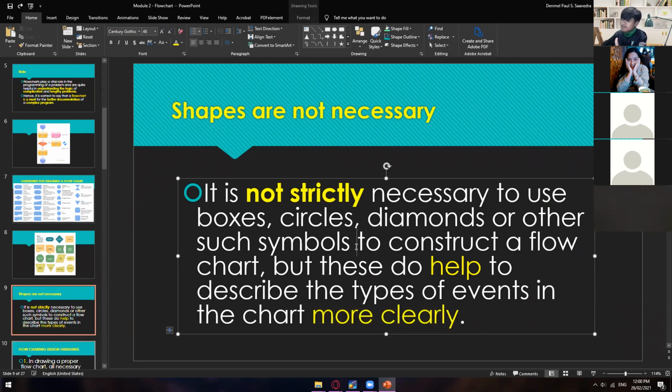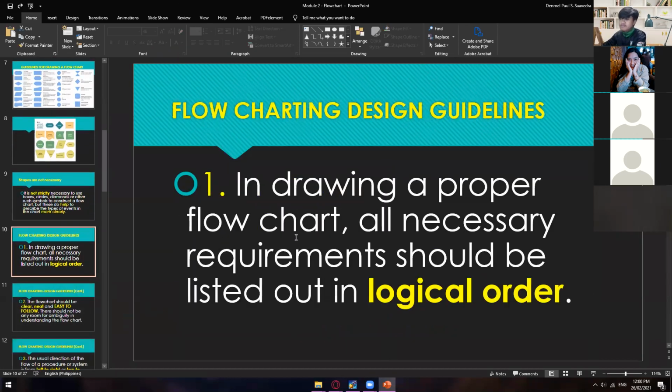So even though that person doesn't have the ability to read the flowchart, it's okay to include shapes. So what are those shapes for? Maybe he will look for a legend or labels that this one indicates process, this one indicates a decision, etc. Right? So here are some guidelines in drawing a proper flowchart.